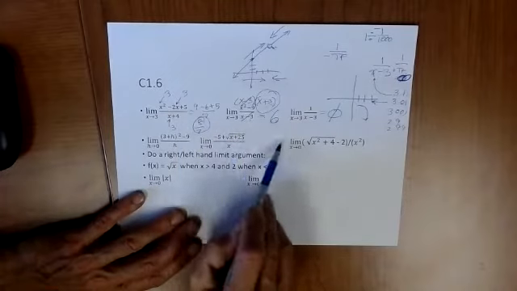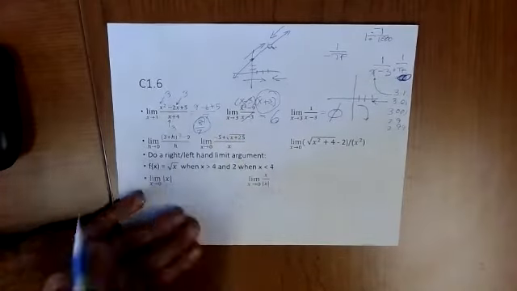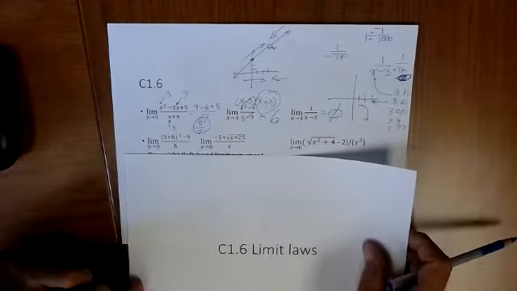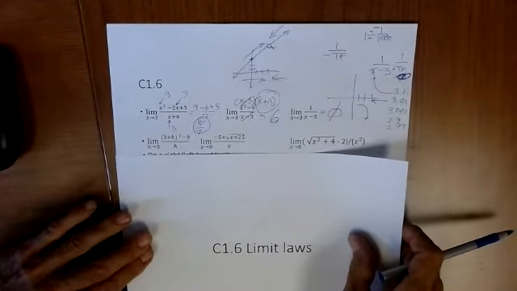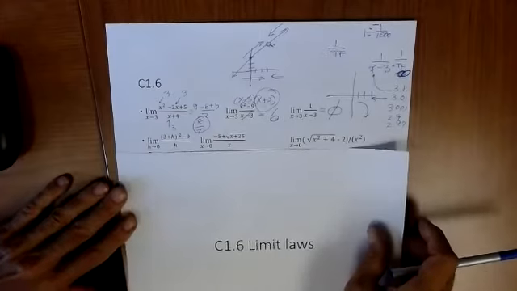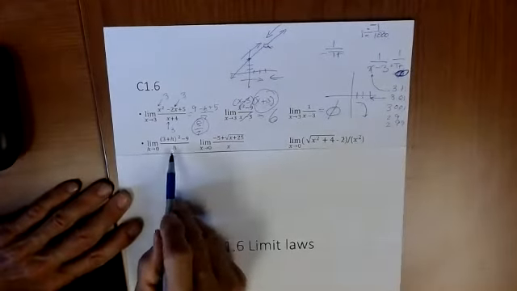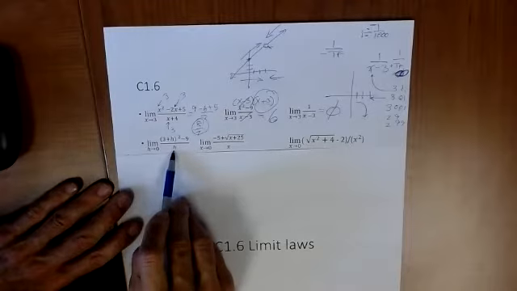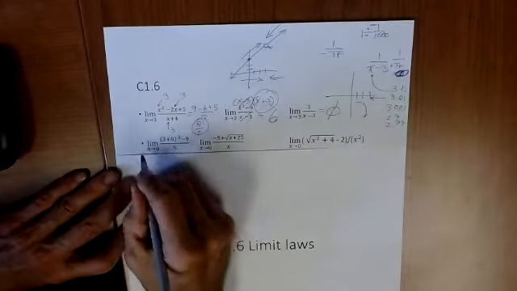Now we've got some more interesting problems down here. So let's talk about these. I'm going to try to find a piece of paper so I can work on this a little bit better. All right, first one. As h goes to 0, I've got a problem. Got a problem. It's either going to be a hole or it's going to be an asymptotic line. But I can do some work on the top.